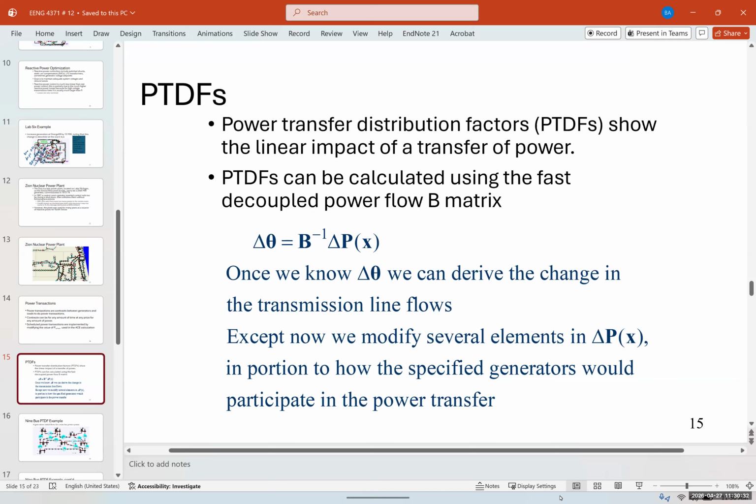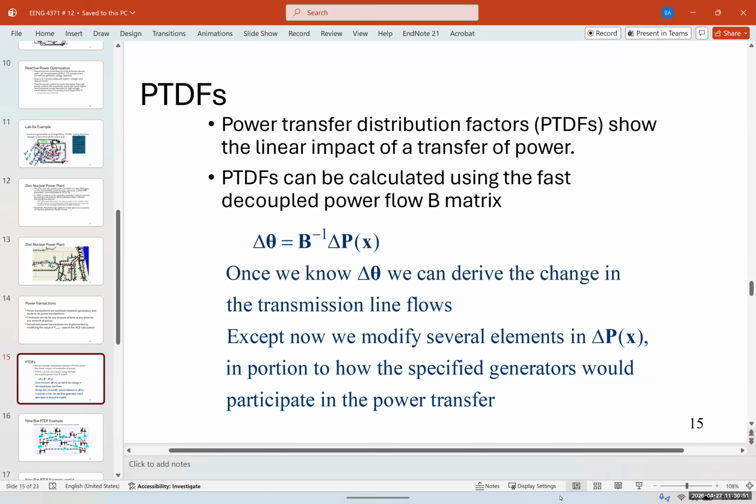A PTDF is just the difference between the GSF at the sending bus and the GSF at the receiving bus. So PTDFs are calculated using the same B prime matrix approach we already covered.